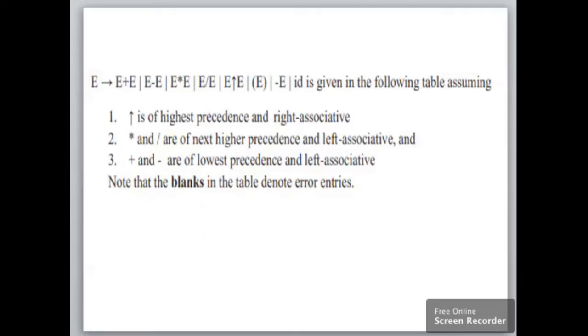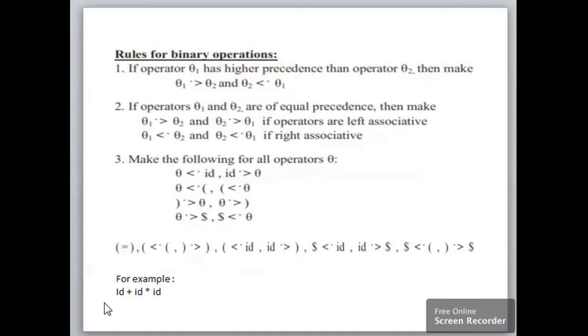For example, in the last slide I took id plus id into id. This is an id, this is also an id, representing the left hand side and the right hand side. So this is the id that you are comparing with plus.